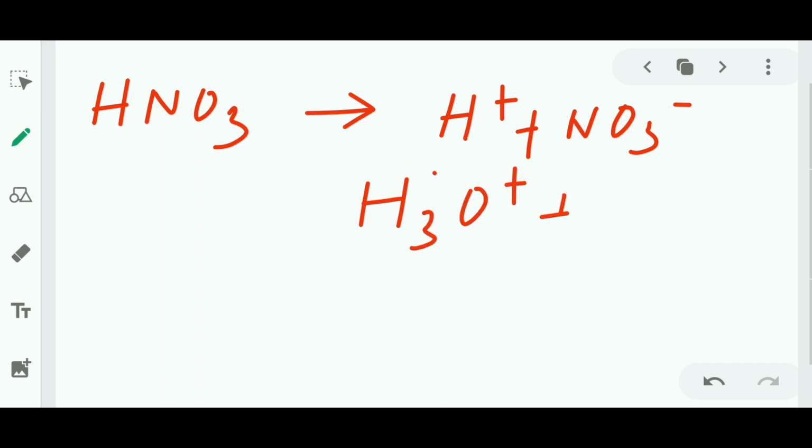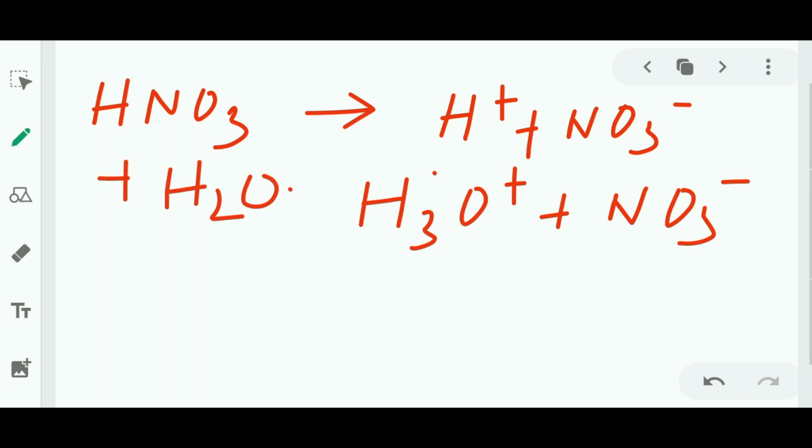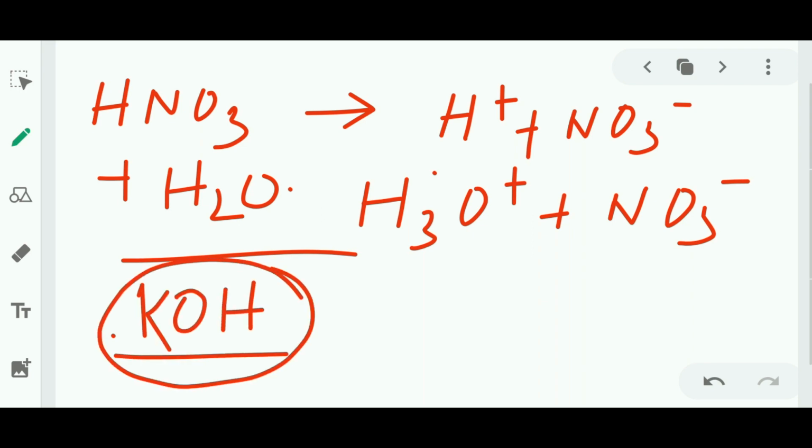Strong bases are also kind of like that. The bases which ionize in aqueous solution, where most of the molecules are ionized, are known as strong bases. Like KOH is a strong base. Why is it a strong base? KOH and NaOH are strong bases because they completely dissociate in water and form OH minus ion.